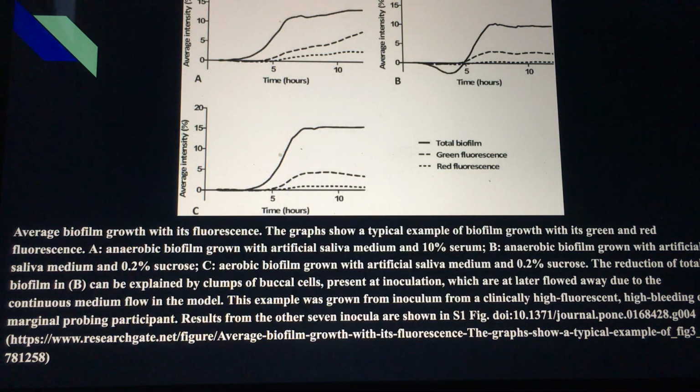Here is the other graph where it shows the growth and fluorescence. I was having a hard time finding a graph that would tie into this, but this just showed the biofilm growth, and it shows that the green fluorescence was higher than the red fluorescence.